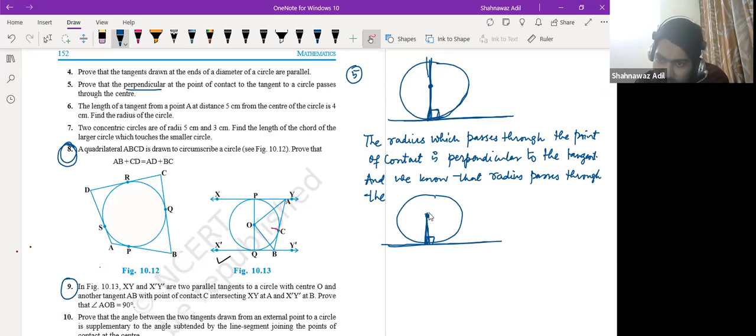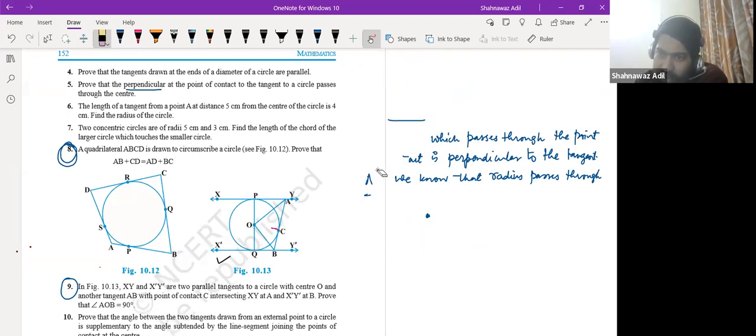So then this radius passes through the center. Then we can say that this line would be passing through the center. That is the argument that we have to write. Is it clear? Yes. So you make that argument, right? Let's skip this question and make that argument.